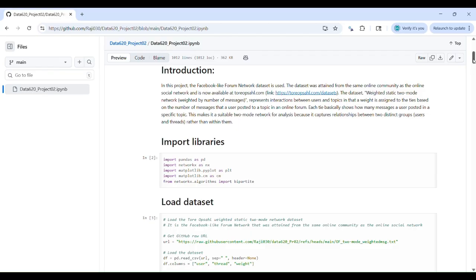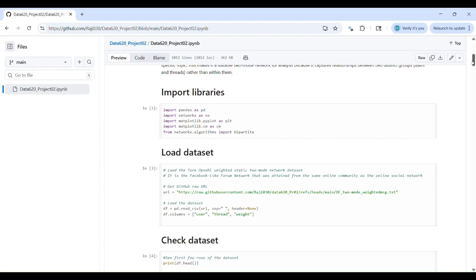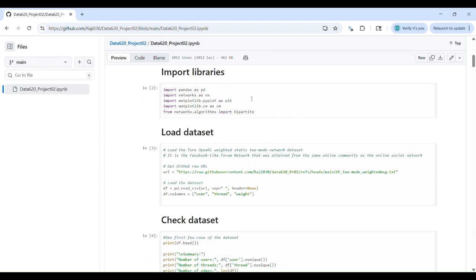And then we imported a couple of libraries for this analysis. We used pandas, networkx, matplotlib, and also we utilized networkx.algorithms.